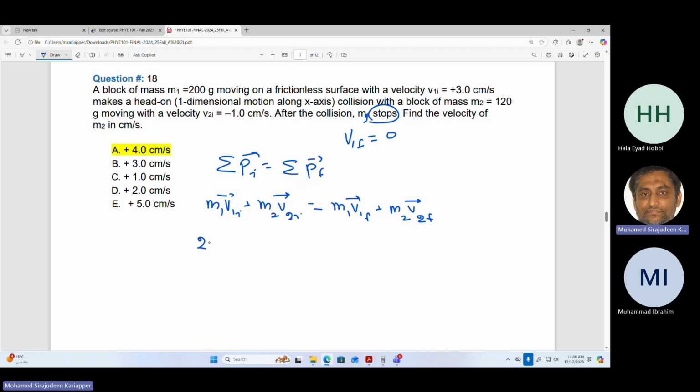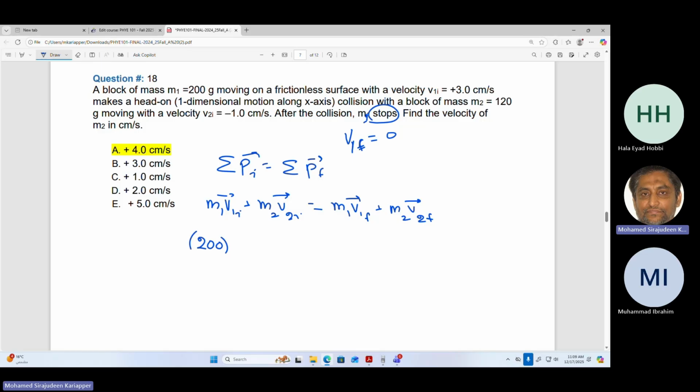Now we can substitute values. Although we might think there are two unknowns, V1F and V2F, he has given V1F. He has given all the initial velocities, all the masses, and also the final velocity of m1. That leaves only one unknown in this equation, V2F.